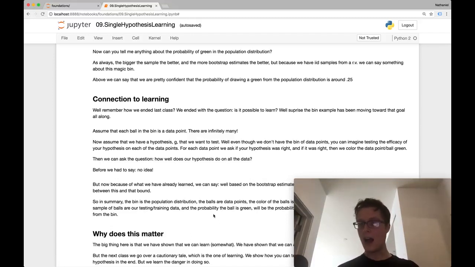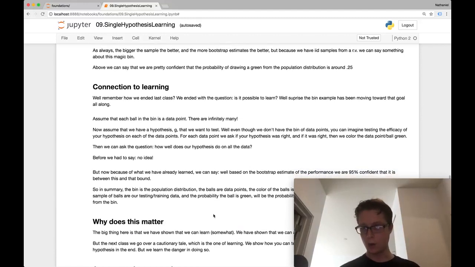So we've got a hypothesis, and let's say, just hypothetically speaking, we took this hypothesis and applied it to every single data point imaginable. So we applied it to every single person in the entire world, and in the future world, and in the past world. And we figured out whether for each person our hypothesis was going to be right or wrong. Okay.